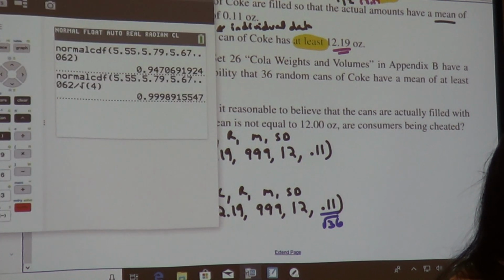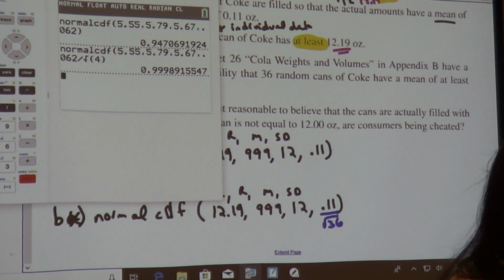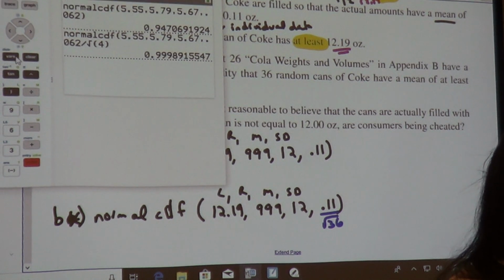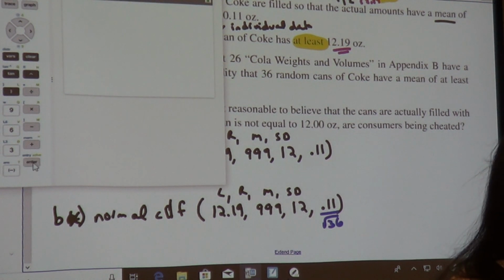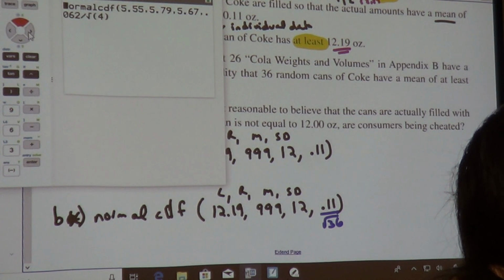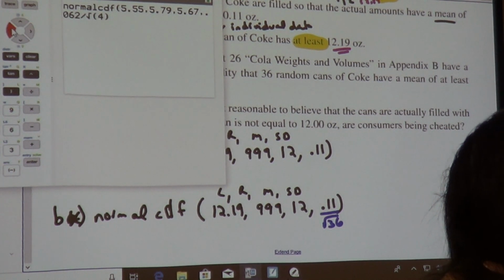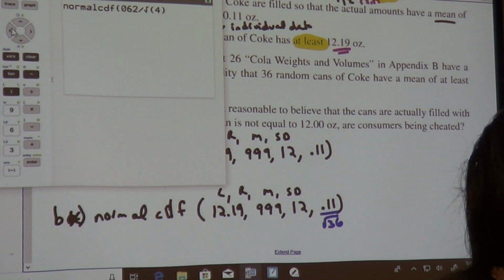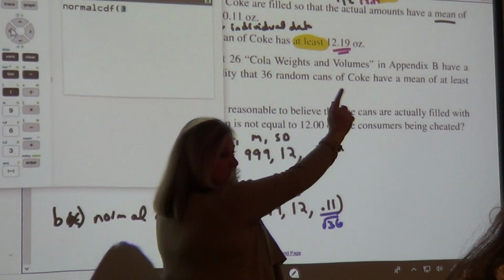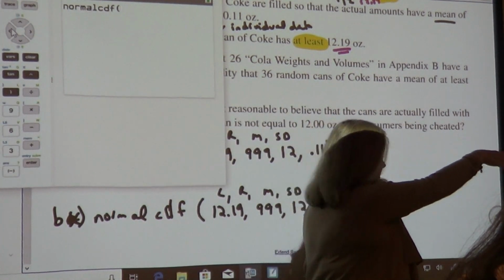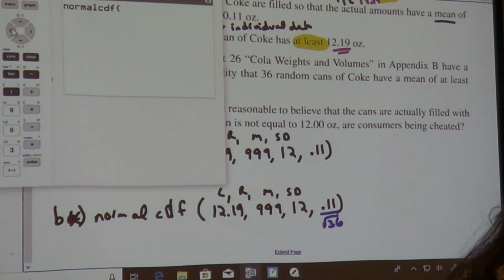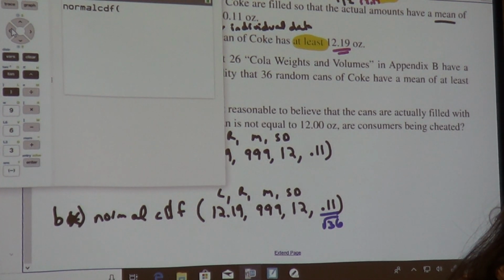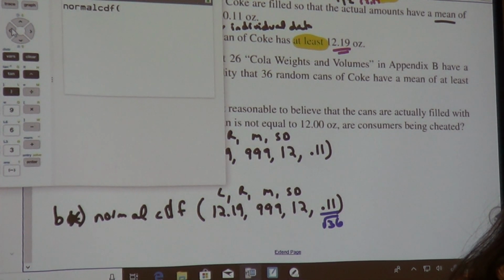So to get the first answer, I'm going to do second enter. I'm just going to get rid of all of this. Question: so you wouldn't make the left negative 999? Because we're headed this way, in the positive direction, that one's positive 999. Had it been drawn like that, that would have been negative 999 to, let's say, 11.